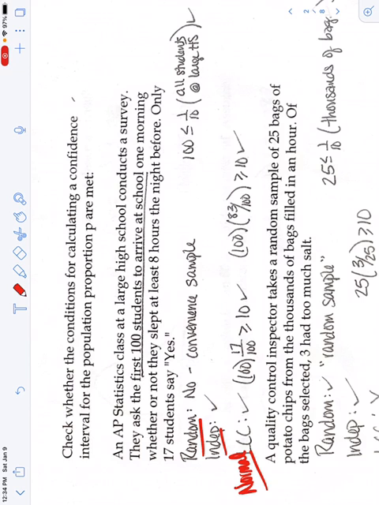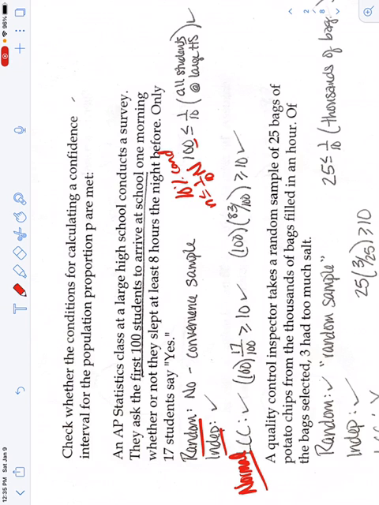And then your ones who stayed up till 3 a.m. on their phone or playing video games and slept as late as they possibly could and come in the parking lot on 2 wheels to get to first period on time, those might be kids who are doing a poor job at getting good sleep. So this is not a random sample. So no, it is not independent. And again, you're going to write 10% condition and your formula.